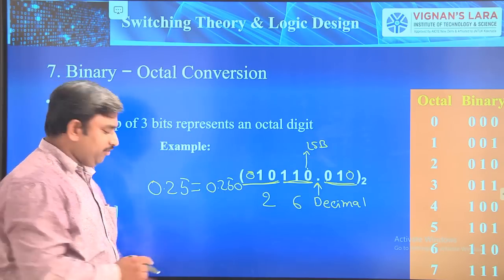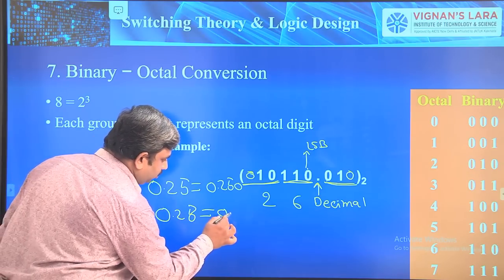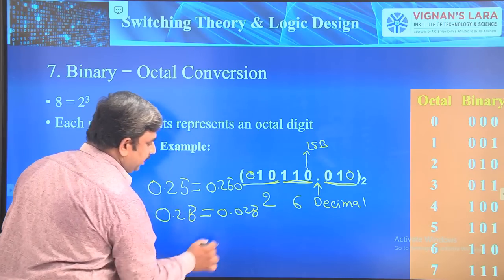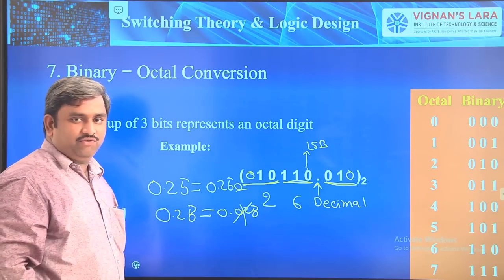Okay, this is an equivalent value. 0.25 is not equal to 0.025, so that is wrong. You can add a 0 on the right side for the fractional part.